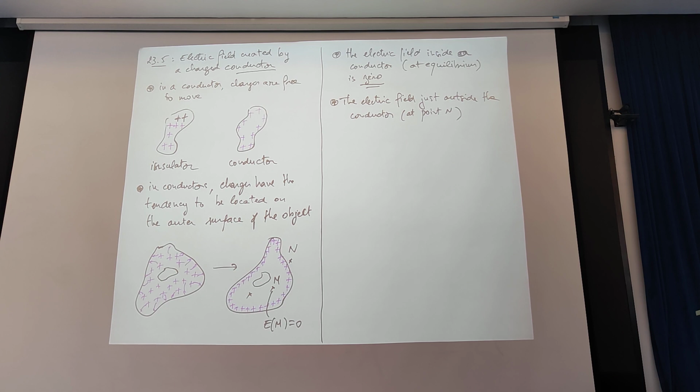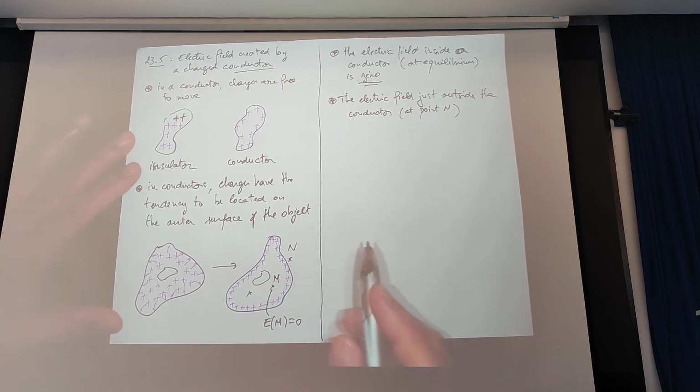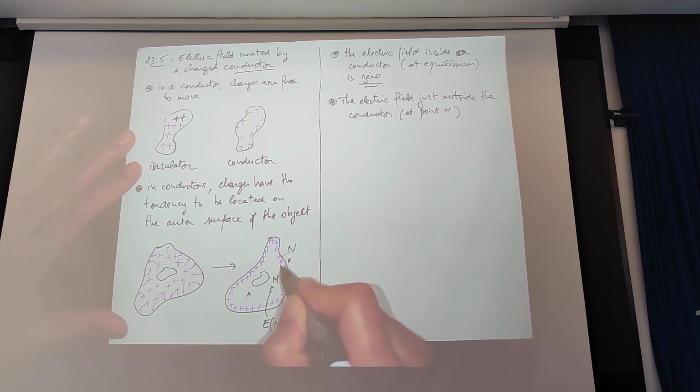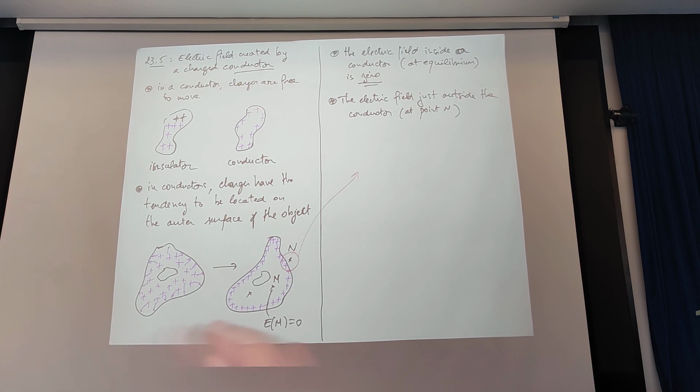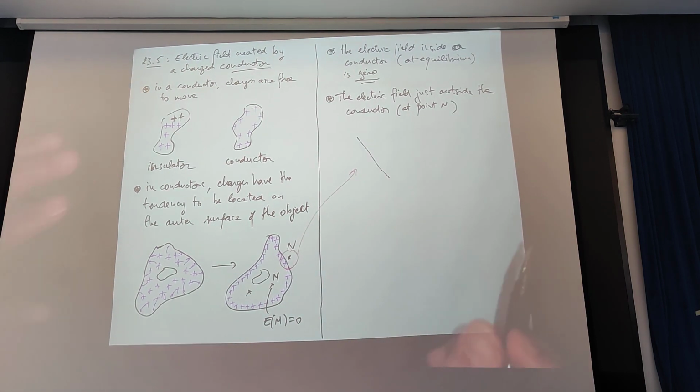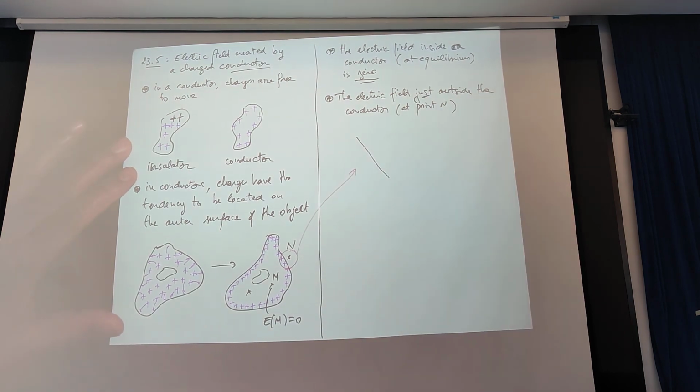Of course, this will depend a little bit on the shape of the object. But if we zoom here, we still can consider that locally the surface of the conductor is almost flat. And that's why I said just outside, meaning very close to the surface.